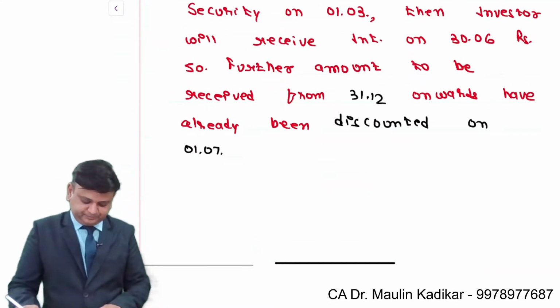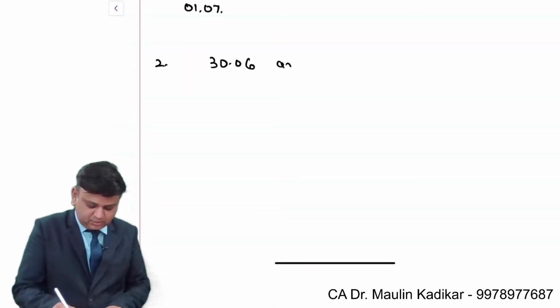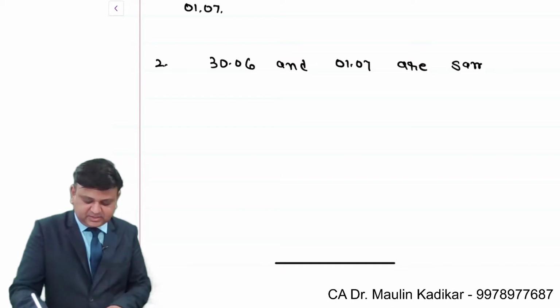Full stop. Second point, 30th of June and 1st of July are same dates.